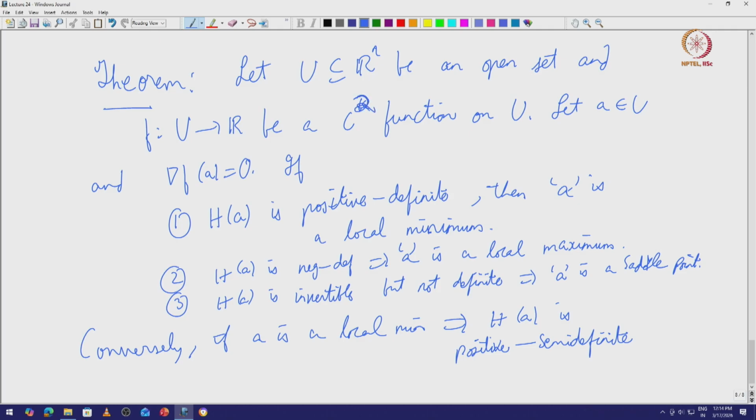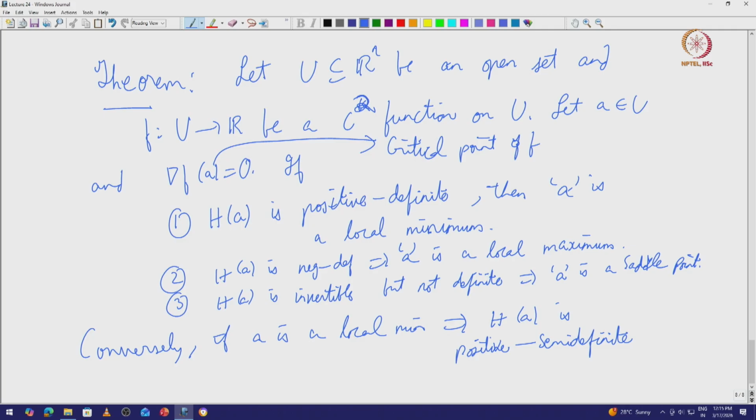Then suppose A is this sort of a point, by the way it's given a name, it's called a critical point of f. Okay, it's a place where the gradient of f vanishes.